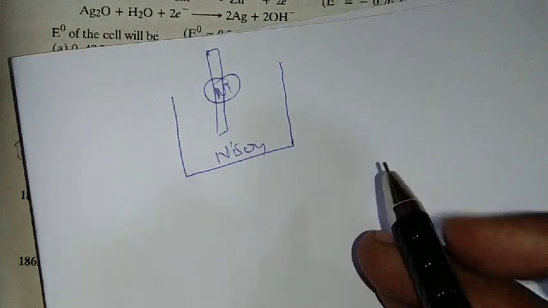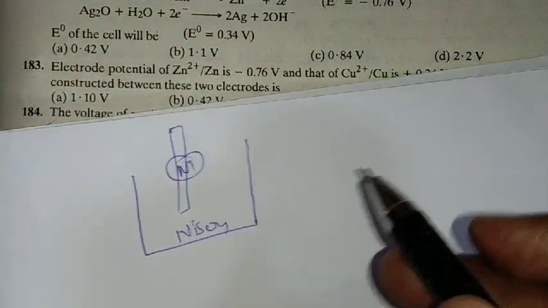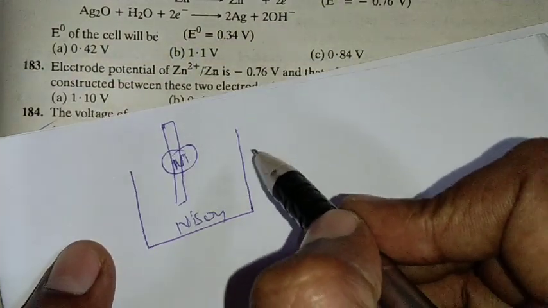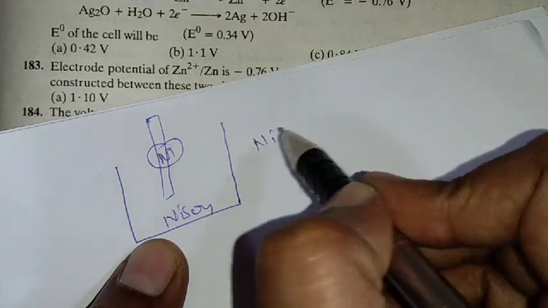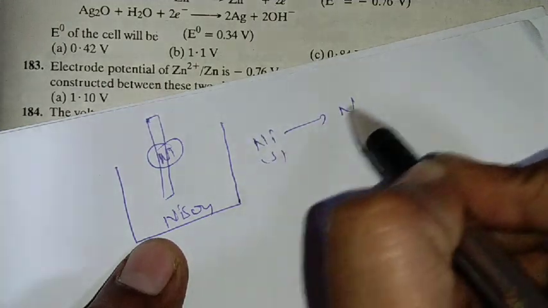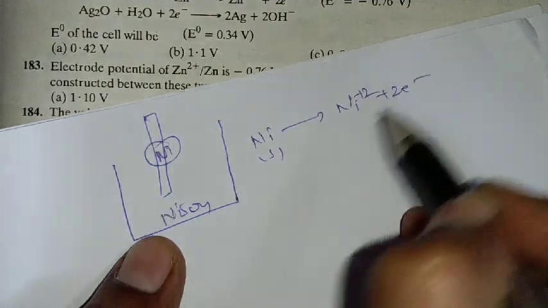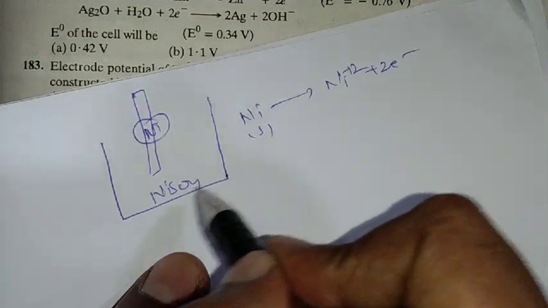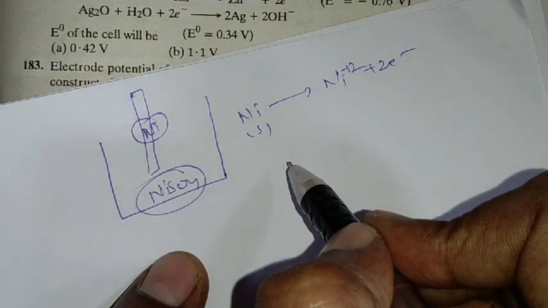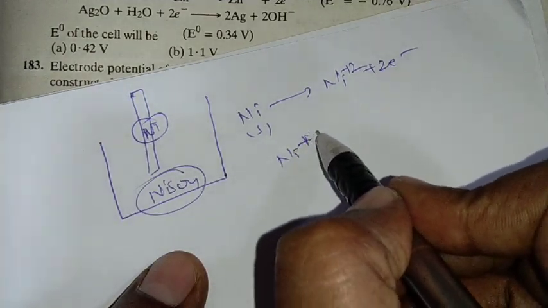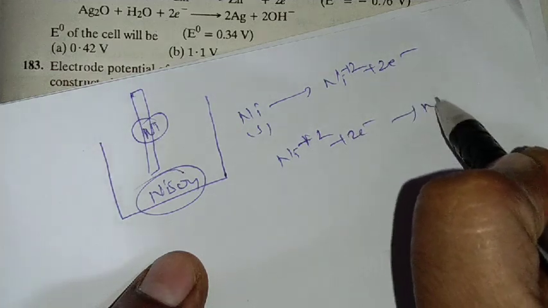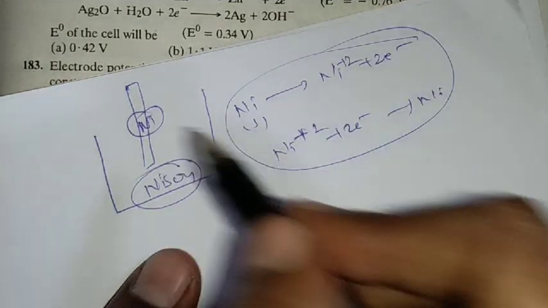Is it okay? Generally, within the cell only cell EMF is developed. So here what is the anodic reaction? Nickel solid converting into Ni2+ by releasing electrons. What is the cathode? That means Ni2+ by taking electrons converting into nickel. So this process is going on.